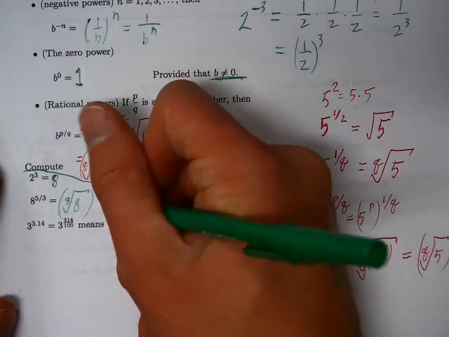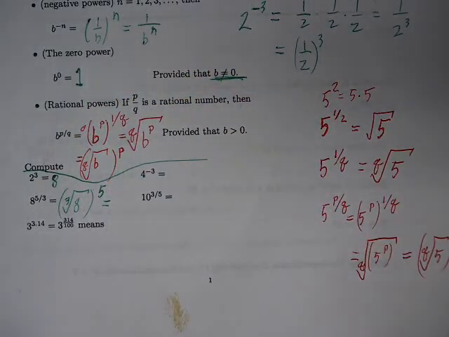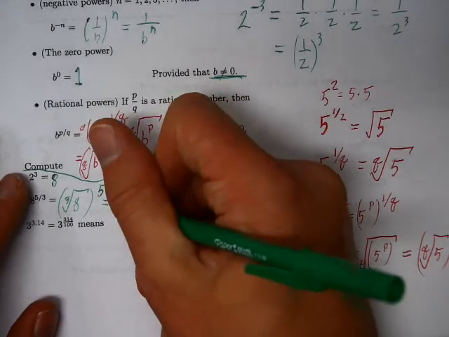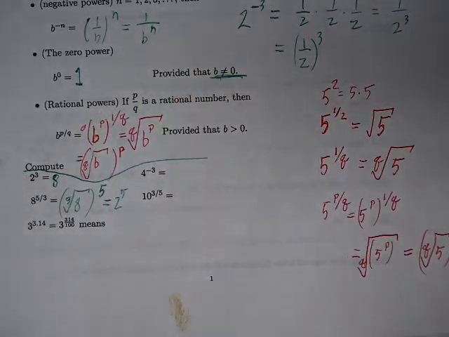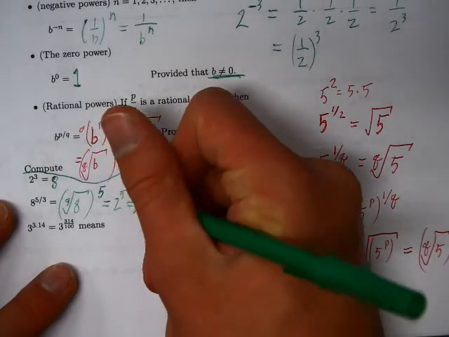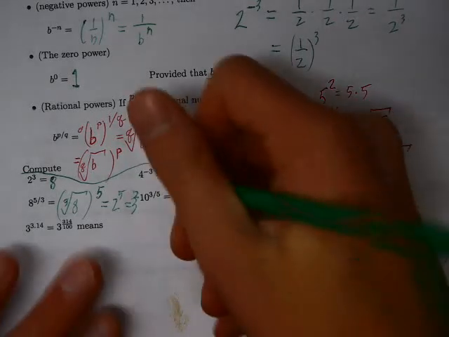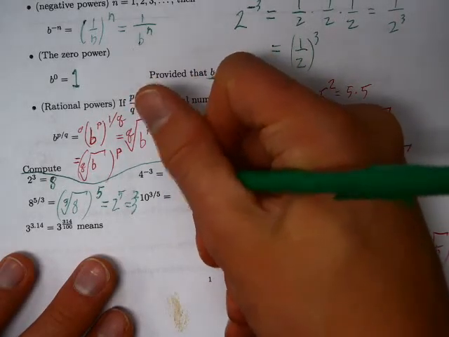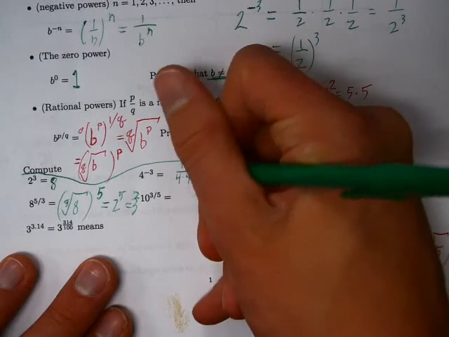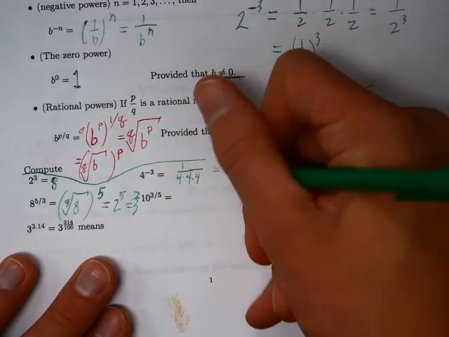And let's see if we can simplify that. Do you know the cube root of 8? 2, because 8 is a perfect cube, so you can take its cube root easily. That's 2 to the 5th, and I guess we already know what 2 to the 5th is. It's in that table on the top of the page. I think that's 32. 4 to the negative 3 should mean 1 over 4 times 4 times 4, which is the same as 1 over 64.